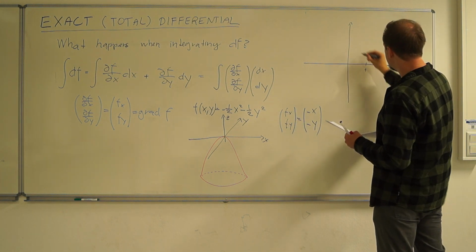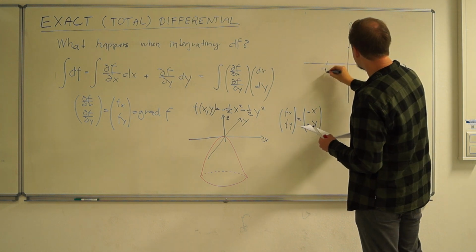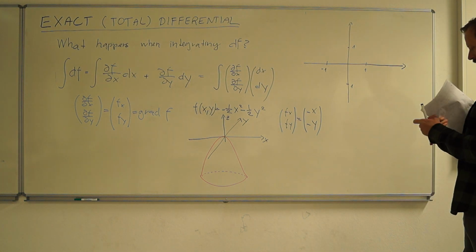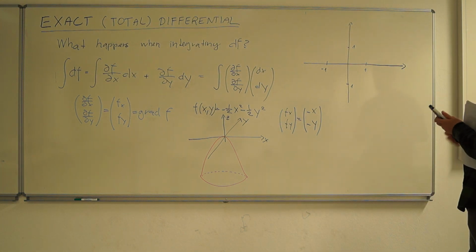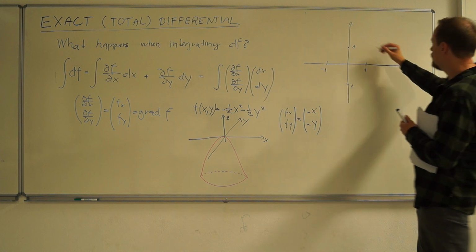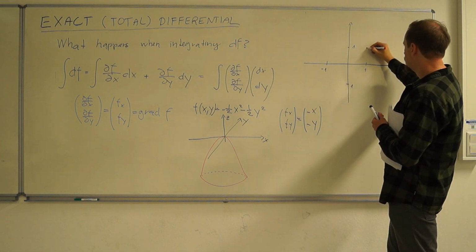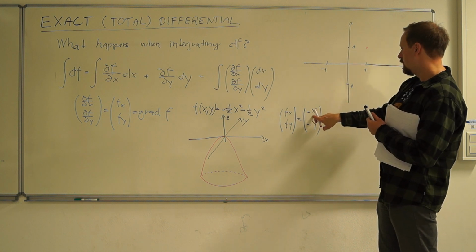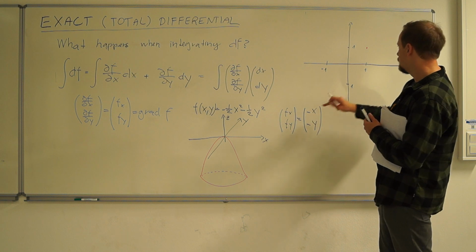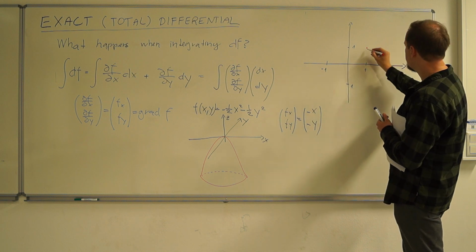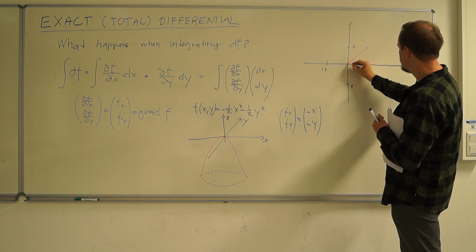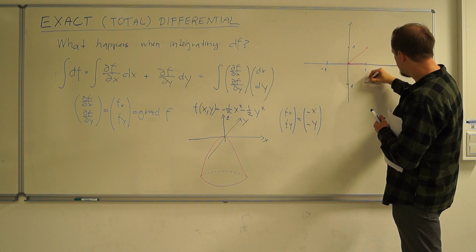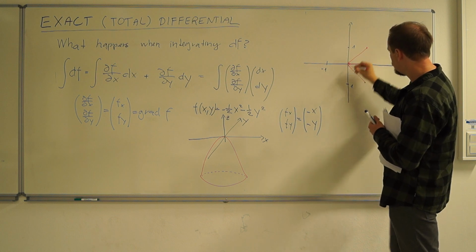And let's say here would be 1, 1, minus 1, 1. If I draw the vectors, it turns out that at the 1, 1 point, x is 1, y is 1, so the vector is the minus 1, minus 1 vector pointing in this direction. So I can go on like this, with all vectors pointing to the center.